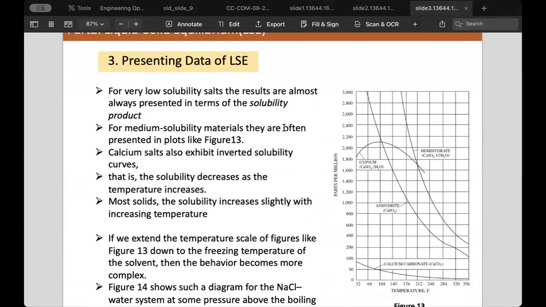For calcium salt, you see that when we increase the temperature, solubility decreases. What does it mean? If you want higher solubility, you must cool down the mixture.